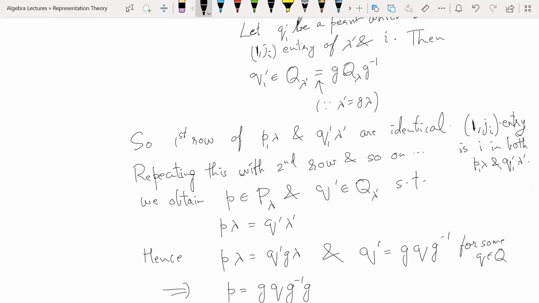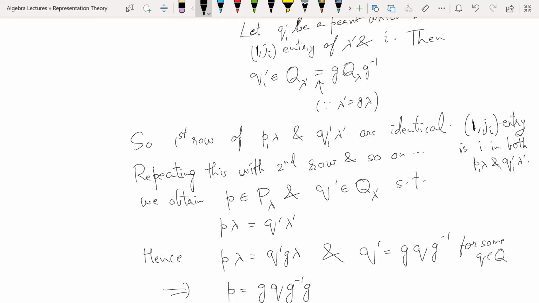Okay. So now we can repeat this with the second row as well. So we'll replace lambda by P1 lambda and lambda prime by Q1 prime lambda prime, and apply this to the second row, and so on.